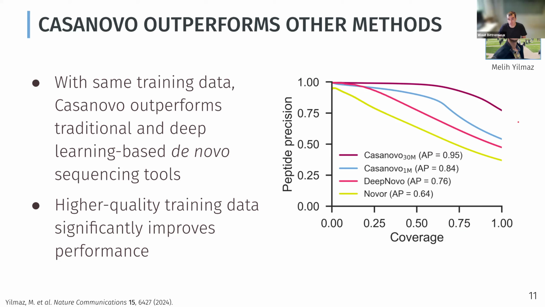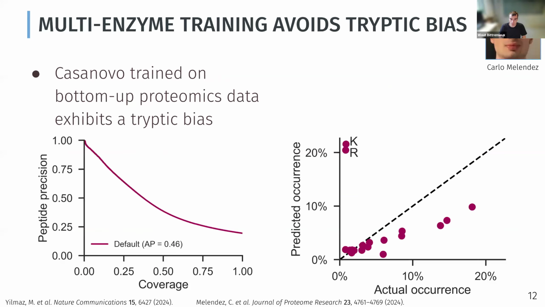So this is one of the benefits of these transformer neural networks: they scale really well if you give them more training data, and they set a new state of the art in the field, outperforming all of the previous methods.